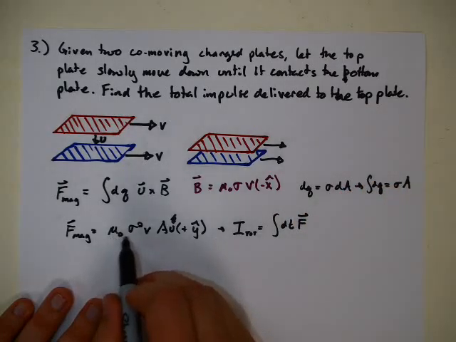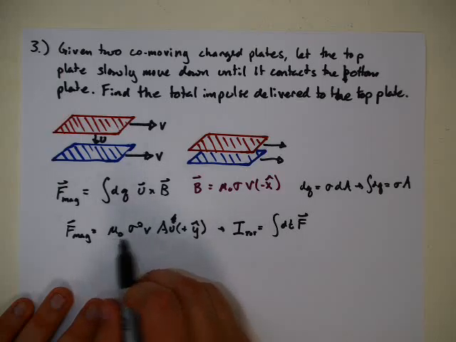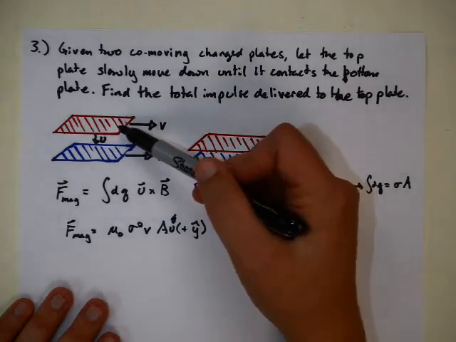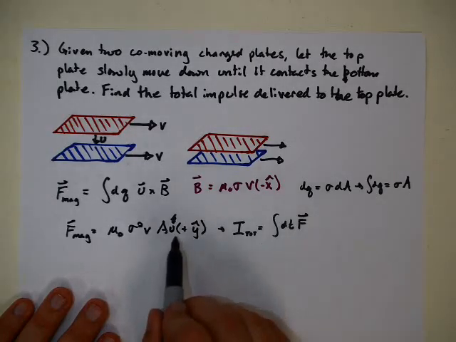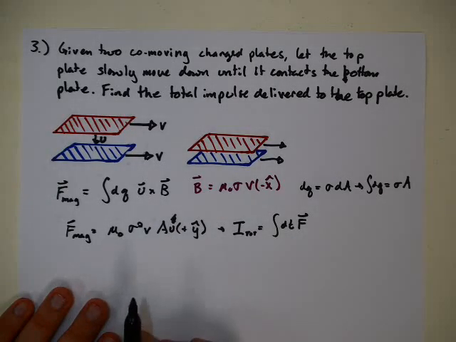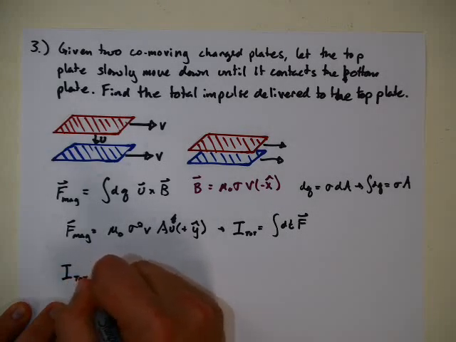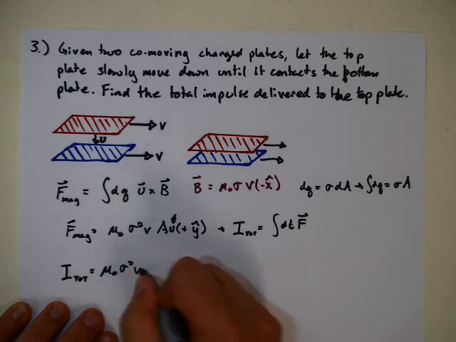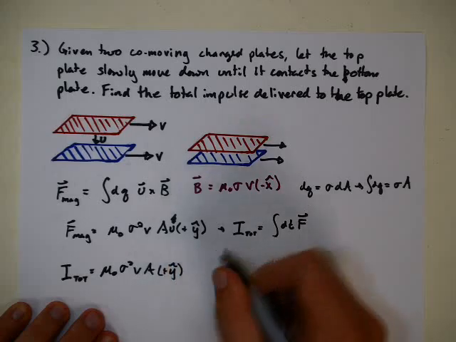Well, sigma's not changing, v's not changing, A's not changing, mu naught's not changing. u is the only thing in here that matters because it's 0 before we start, it moves, and then it's 0 after we end. And so we're going to integrate u over that distance. And so then I total is going to be everything that we have, mu naught sigma squared v A in the plus y hat direction.